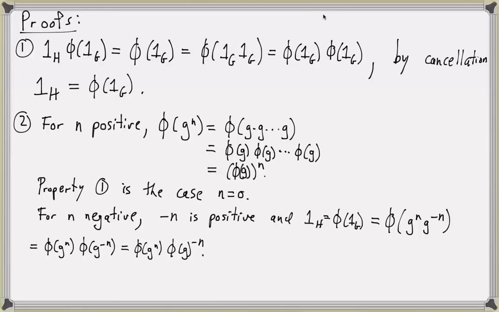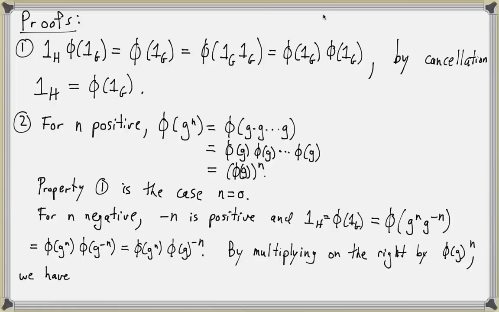So now if I multiply both sides of this equation on the right by (phi of g)^n, we have phi of g^n equals (phi of g)^n.